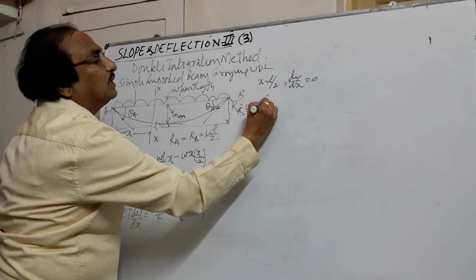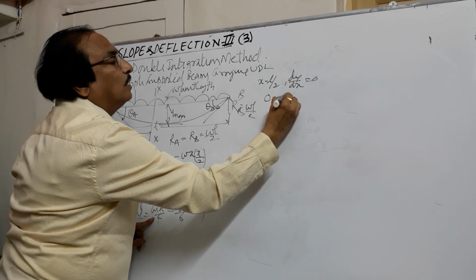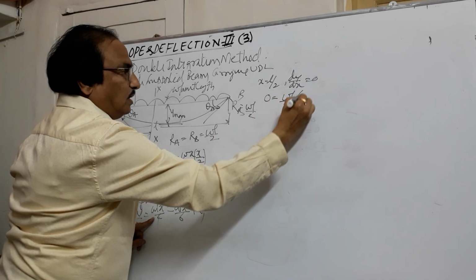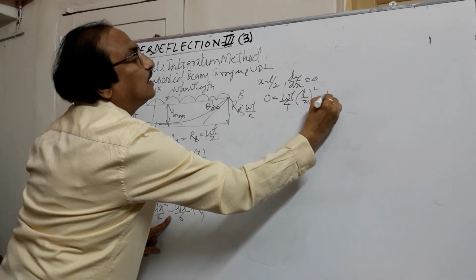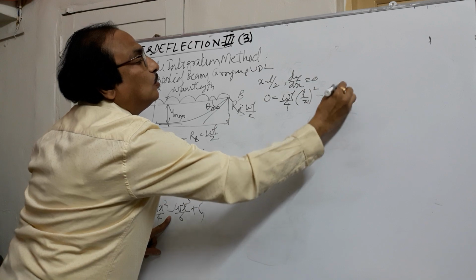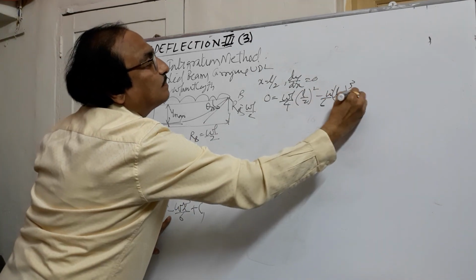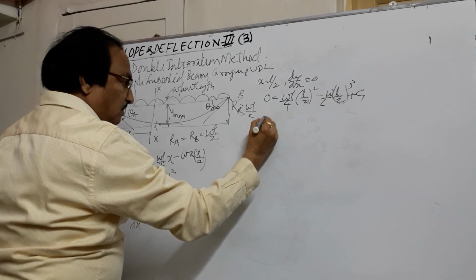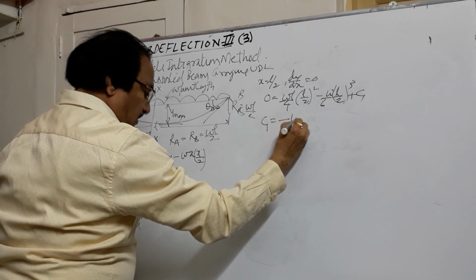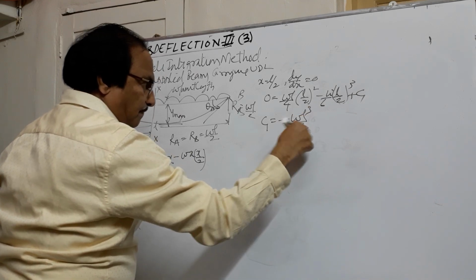If I substitute here, 0 is equal to WL by 4 into L by 2 square minus W into L by 2 raised to 3 divided by 6 plus C1. If you simplify for C1, you get the value of C1 is equal to minus WL cube by 24.